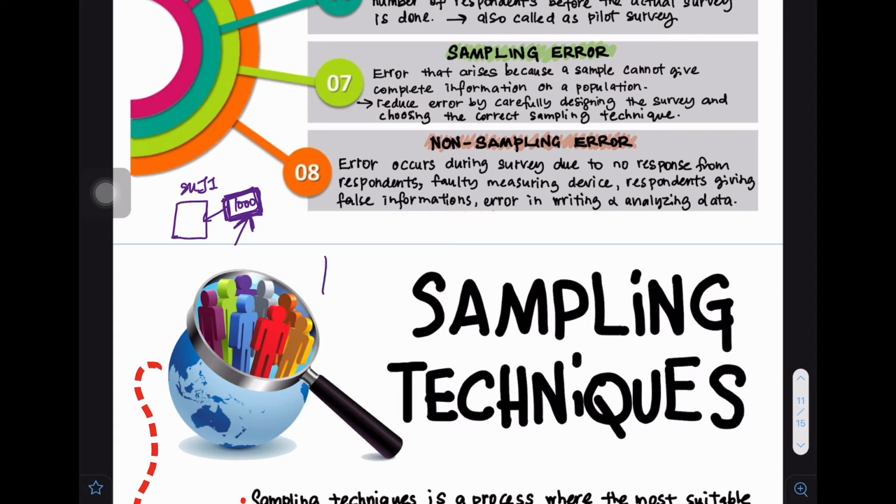Tapi katakanlah sekolah tu ada 10,000 student, kan? Kita tak dapat nama 10,000 ni, kita hanya dapat nama 9,700 student. Okay, so this one is not a sampling frame because population ada 10,000, kita hanya dapat 9,700. Okay, ada 300 ahli population tu yang tak termasuk dalam ni. So, this one is not sampling frame.